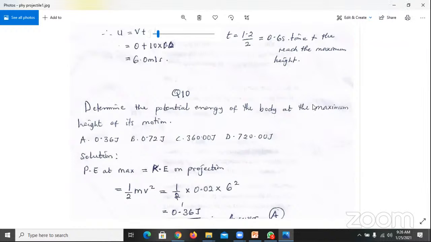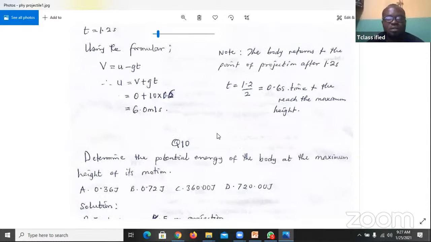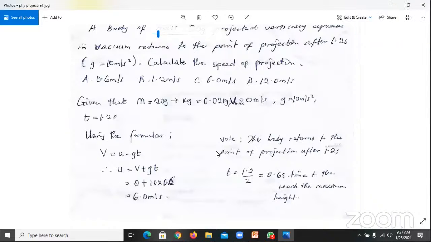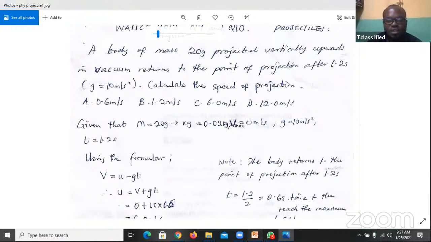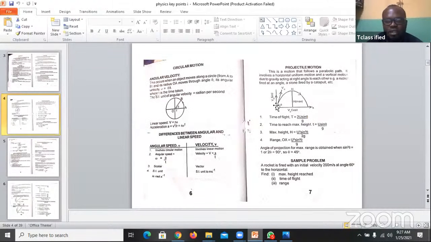When you have the motion of a body that is being projected from the ground upward, at maximum height the V there is always equal to 0.